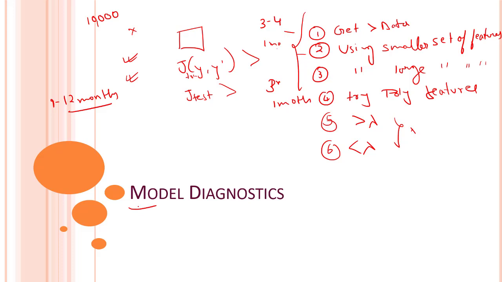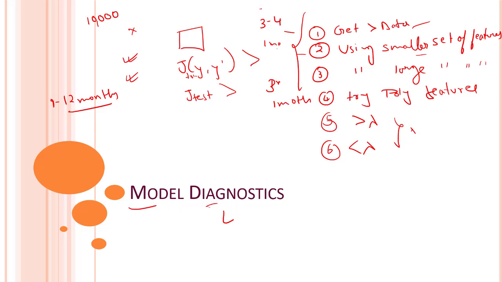It can give us better guidance on what might be the more fruitful thing to try to improve our model. After getting some insight into our model, that is, getting a diagnostic of our model, we can decide whether we should get more data, or use a smaller set of features, try increasing the lambda value, decreasing the lambda value, getting polynomial features, etc. Doing the model diagnostic, we can get a glimpse of what we should be using.